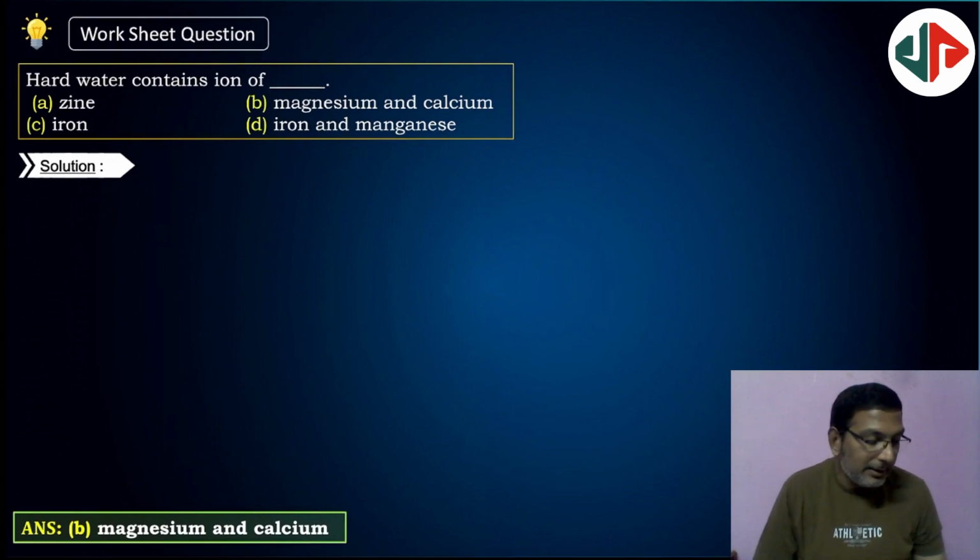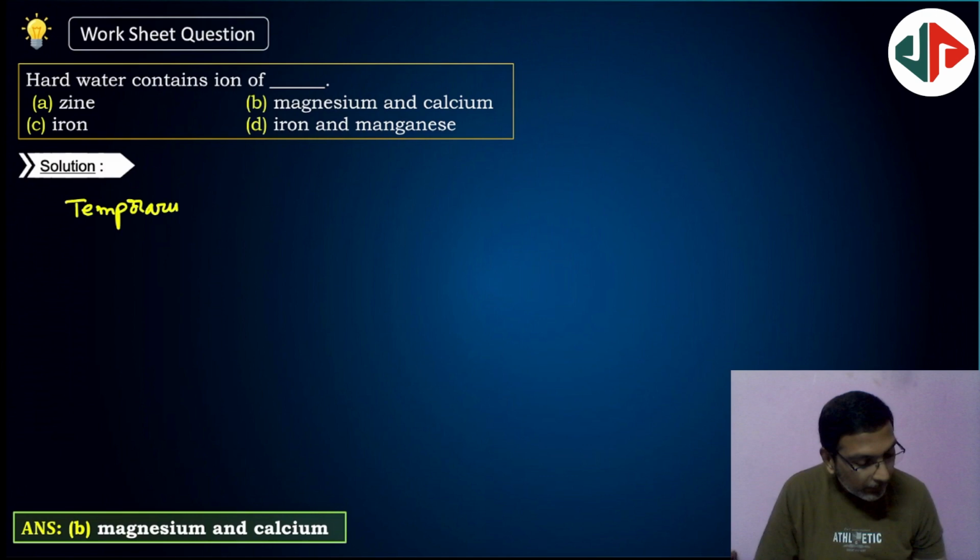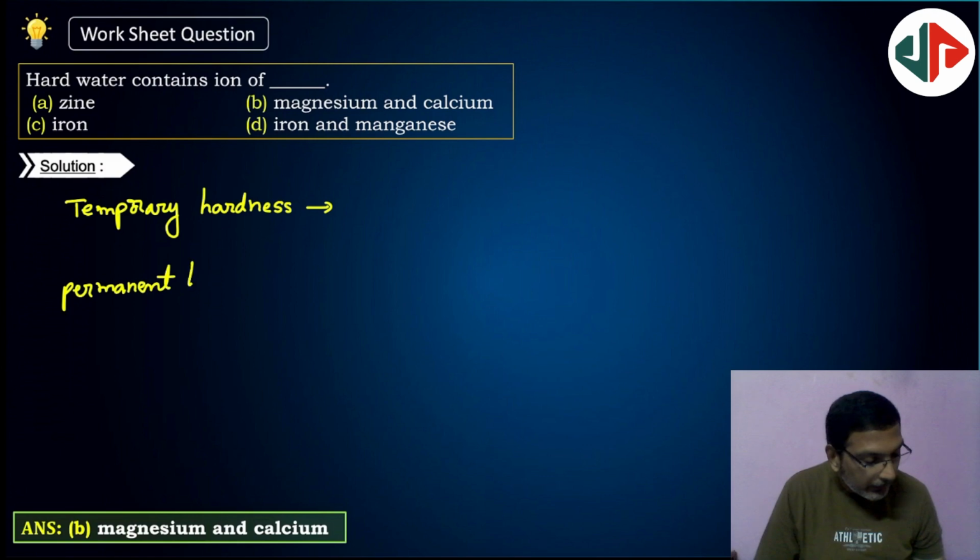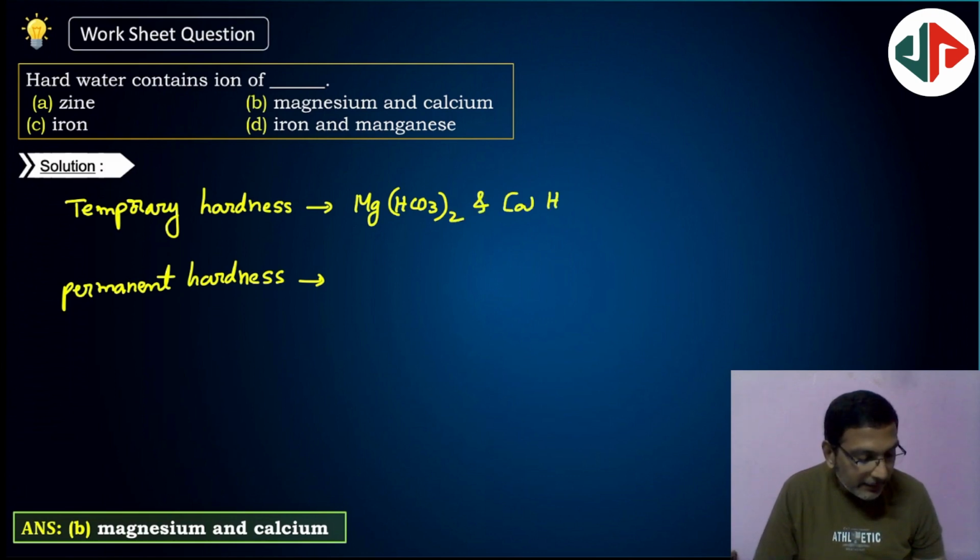Hard water contains ions of. So hard water contains ions of calcium and magnesium. Temporary hardness and permanent hardness. Temporary hardness is due to magnesium bicarbonates and calcium bicarbonates.